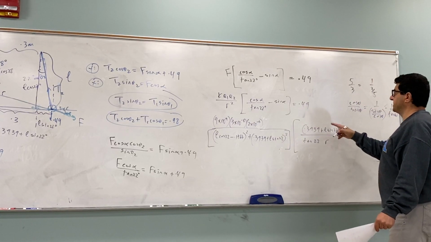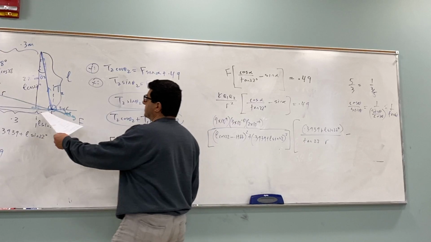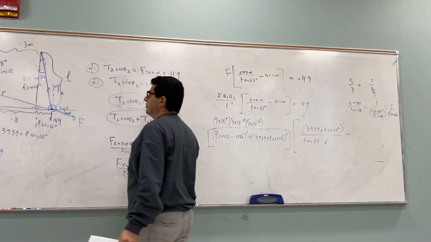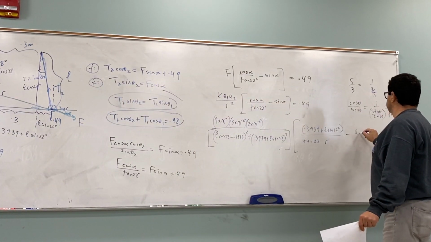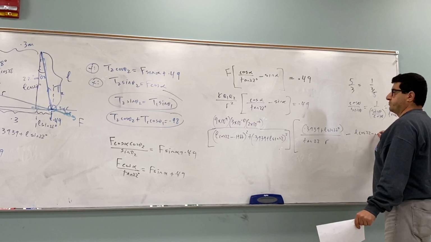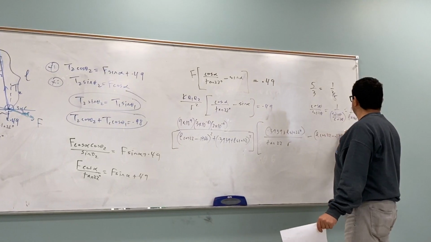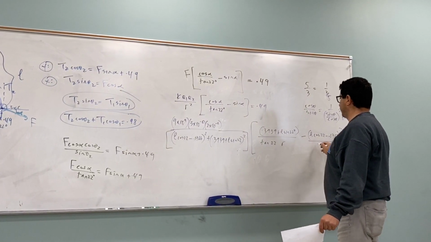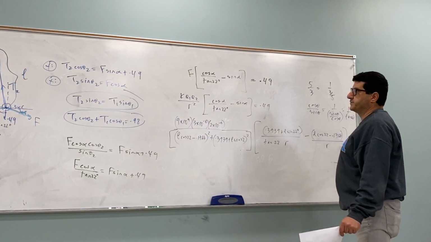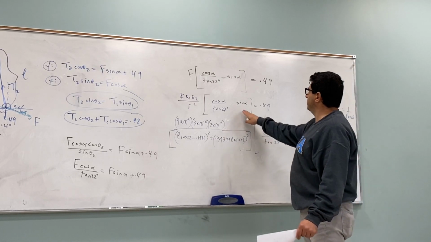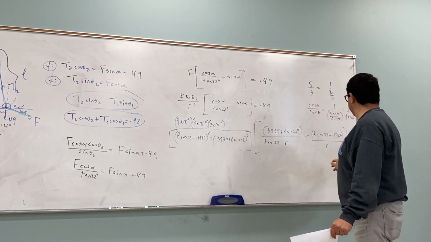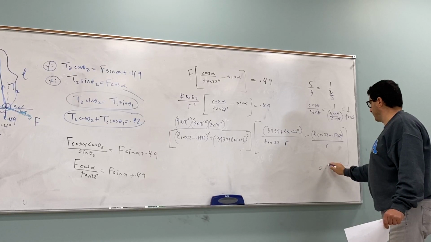Minus, and then sine of alpha is going to be L cos 22 minus 0.1766 over just 1r. Okay, and then there's no tangent there. And all of this is equal to 0.49.